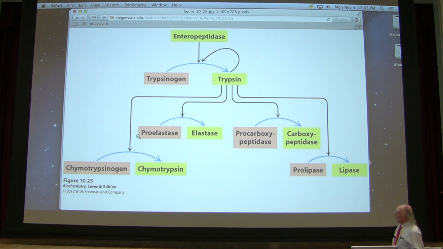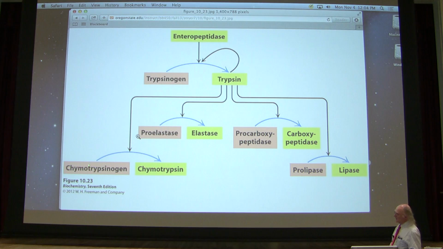Well, you notice, as you look at this, that there's a sort of a nomenclature that is given to the inactive forms of the enzymes. You see it's not consistent. All right? So typically, or at least in modern naming, the ogen is put onto the end of an inactive form of an enzyme.